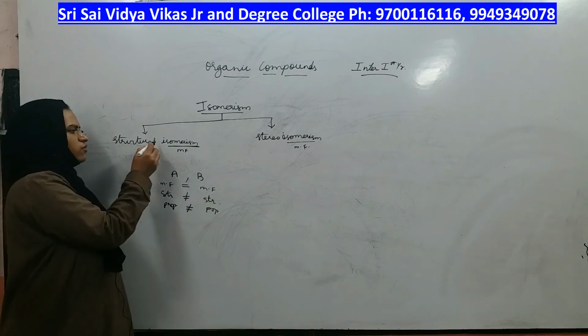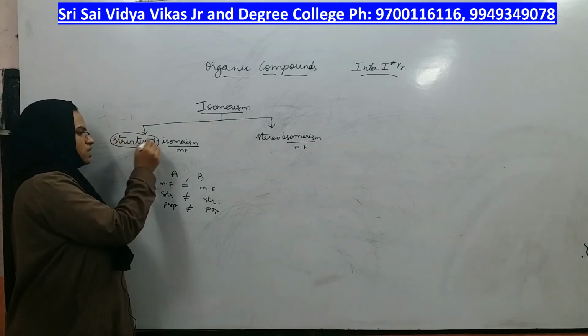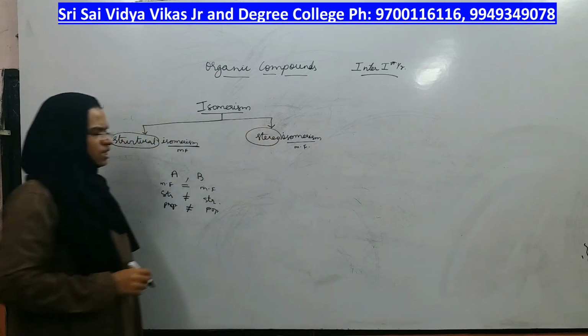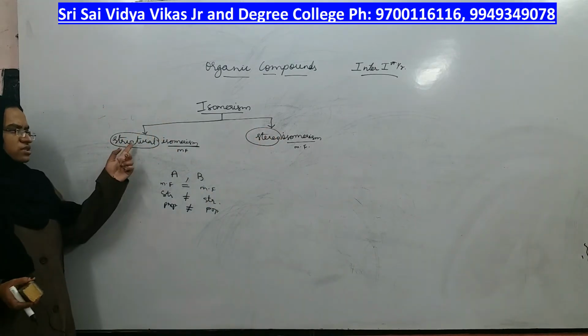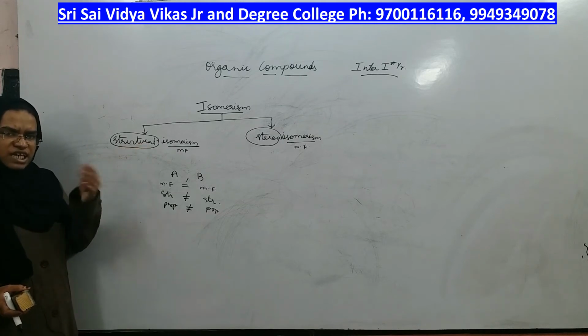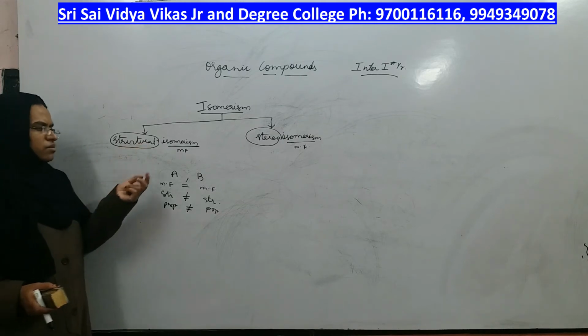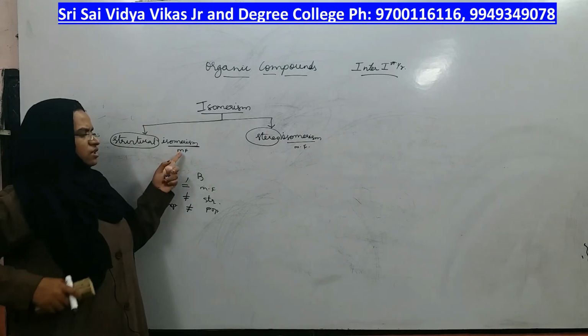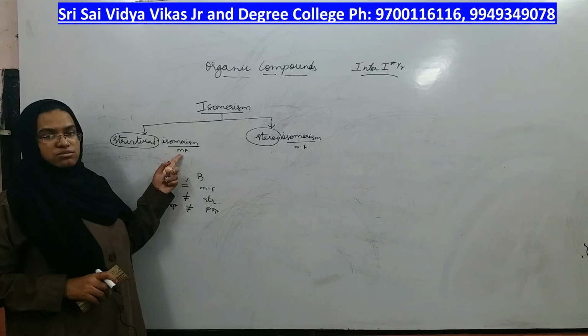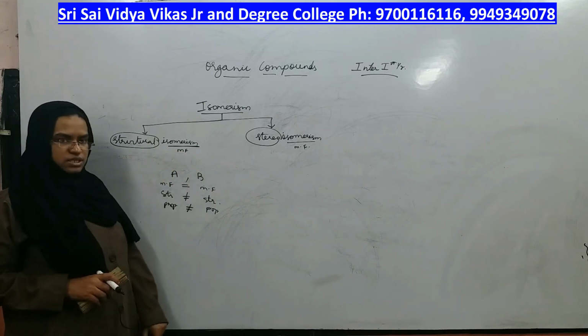Before isomerism, what is there? Structural is there. Before isomerism, what is there? Stereo is there, right? So based on these new terms, I will change the definition of isomerism, but in that definition, what should definitely be there is that the molecular formula should be the same.